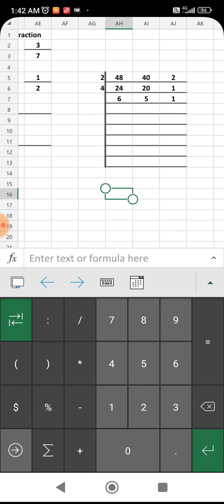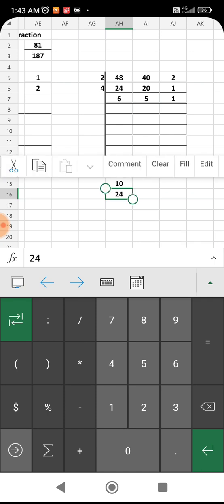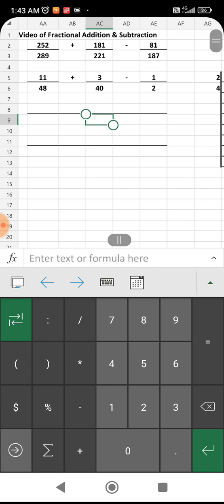Now what is the multiplication? 2 into 5, 10. 4 into 6, 24. And 24 into 10, 240. So this is 240.